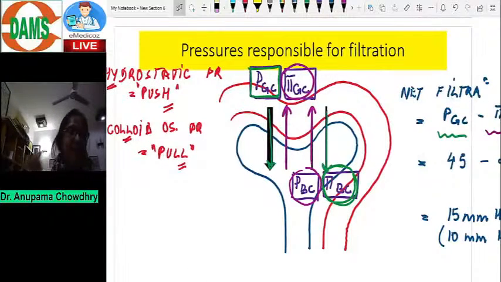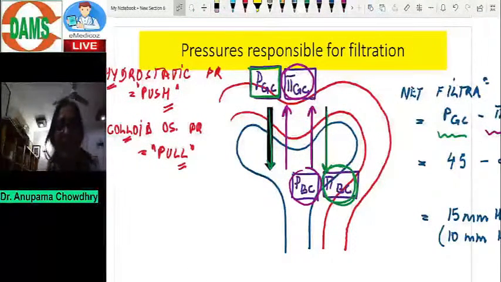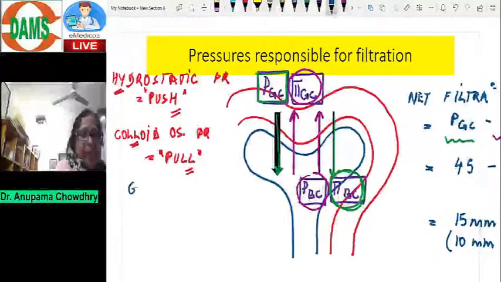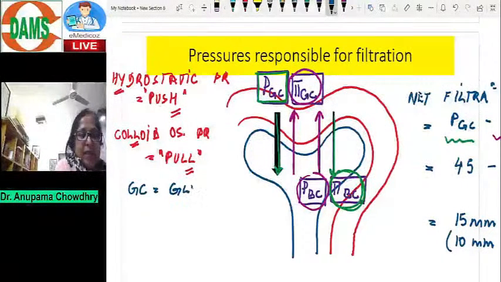And Yukti, yes, I will explain this once again, and that is PGC, pi GC, PBC, pi BC. These are the 4 forces. GC standing for glomerular capillaries and the BC standing for Bowman's capsule.